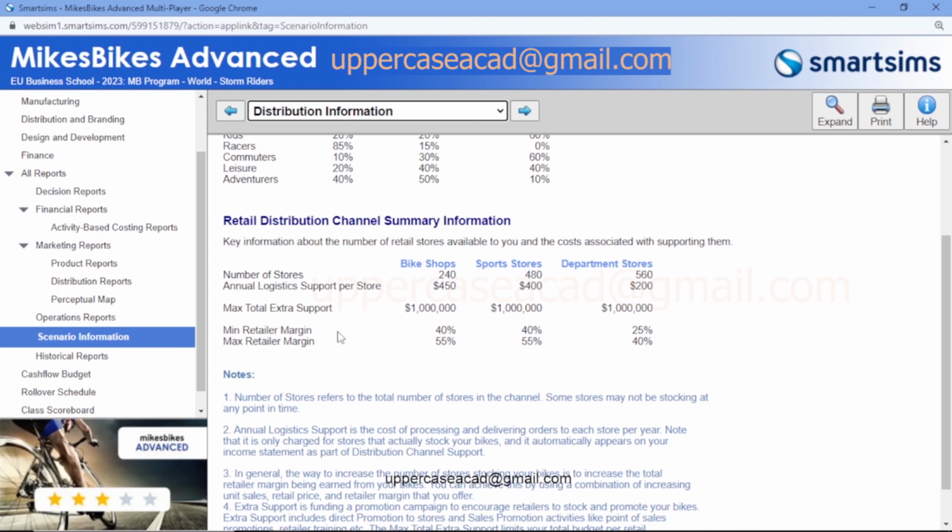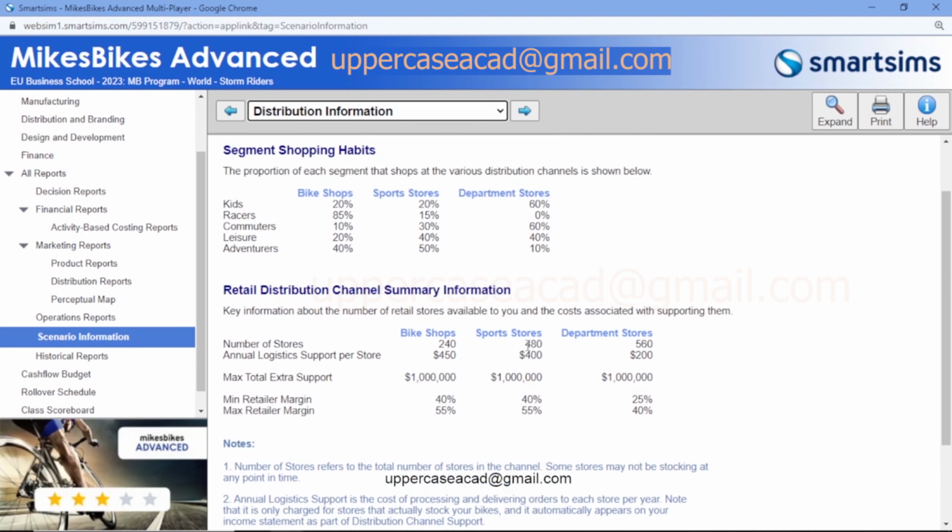So if you go down, you have the retail distribution channel summary. The number of stores for bike shops is 240, for sports stores 480, and for department stores 560. Then we have the maximum retailer margin: 55% for bike shops, 55% for sports stores, and 40% for department stores.